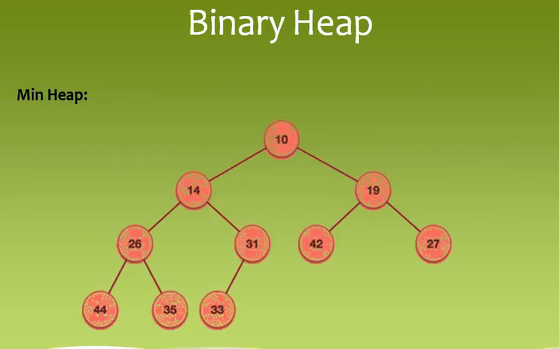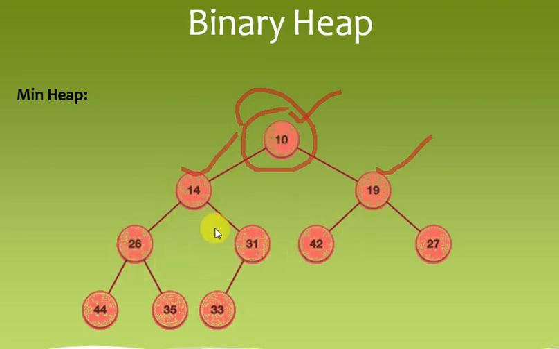As you can see here, the root node is 10, the left one is 14, this is 19. It is in a series, but the root node is minimum: 10, 14, 19, 26.